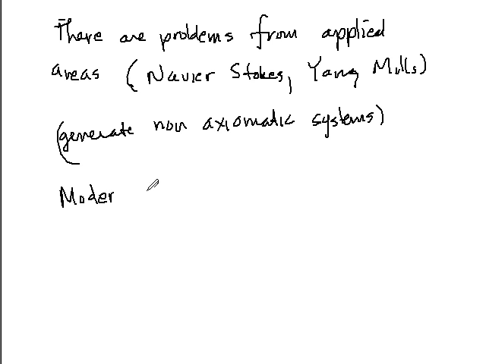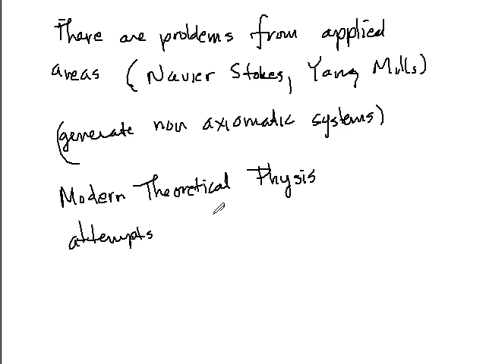Now, modern theoretical physics, and this was the talk of Stephen Hawking not too long ago, is essentially an attempt to reduce physics to an axiomatic system.